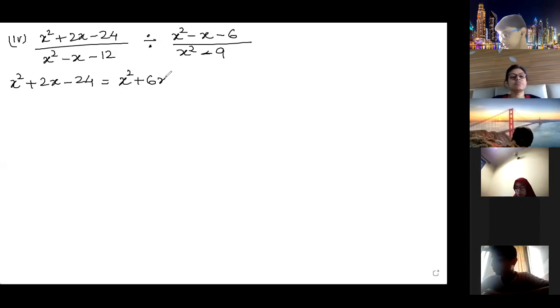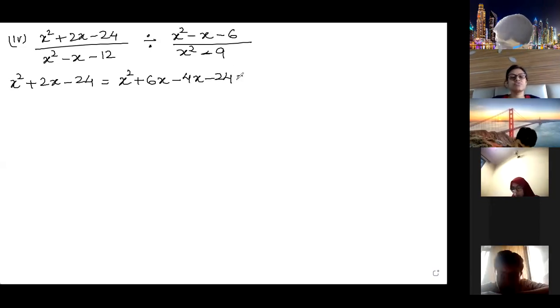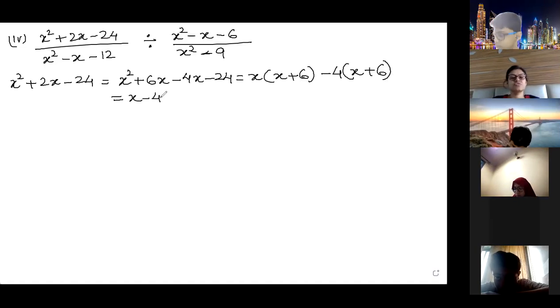So plus 6x minus 4x minus 24. x take out common, x plus 6. And here I'll take out minus 4 common. So x plus 6. Answer is x minus 4 into x plus 6.